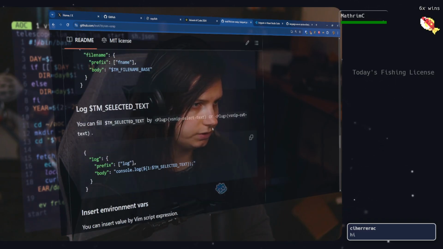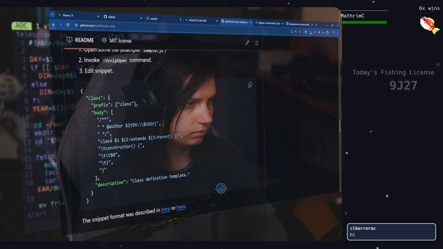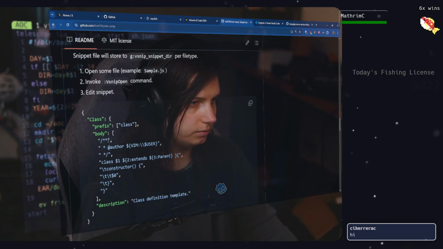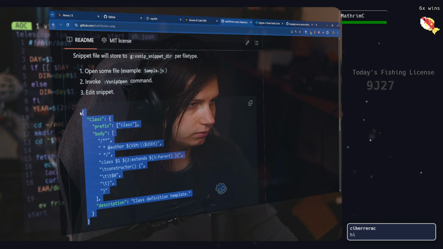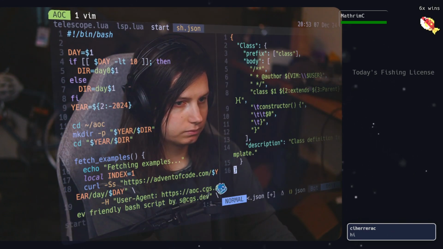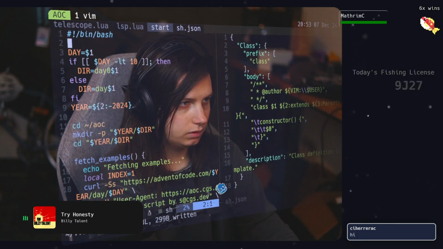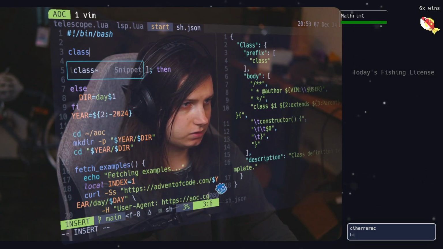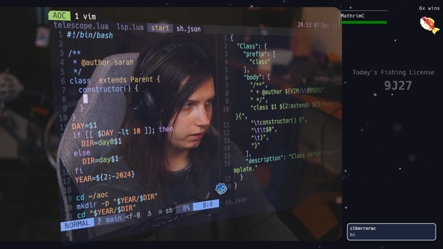I still don't really understand. Maybe if I copy this one, it'll make sense. Oh, there's like a prefix. Okay. So if I write the word class, then I can expand it into the snippet. Okay, that's interesting.